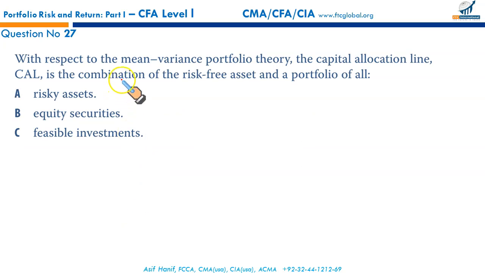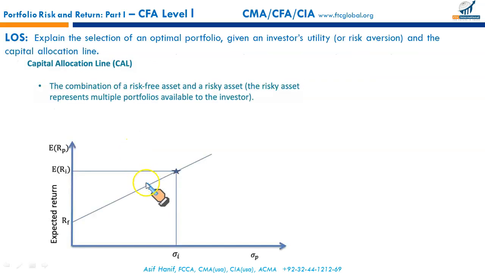With respect to the mean variance portfolio theory, the capital allocation line is the combination of the risk-free asset and a portfolio of all risky assets, equity securities, and feasible investments. Let me show you. Okay, so this is your capital allocation line. A capital allocation line is basically a combination of risk-free asset and the portfolio of all risky assets.